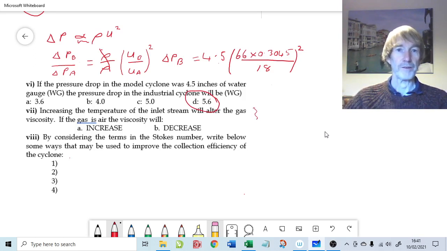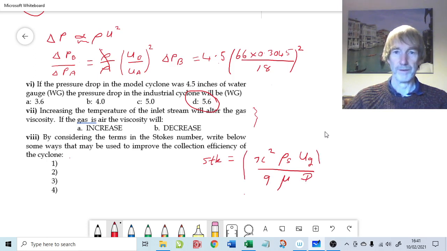Increasing the temperature of the inlet gas stream will increase or decrease the viscosity? Let's just recap as to why this is an important question. The Stokes number, don't forget, is equal to particle diameter squared, the density of the particles, the gas velocity, divided by 9 times the gas viscosity, times the diameter of the cyclone.